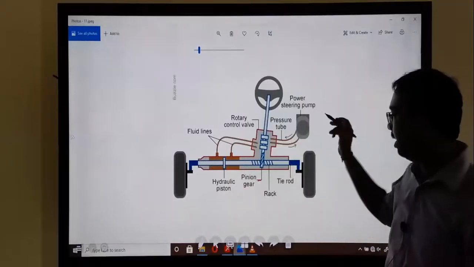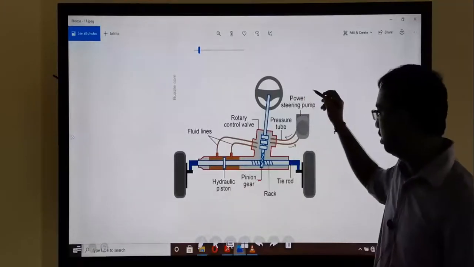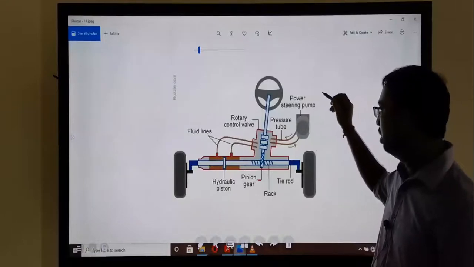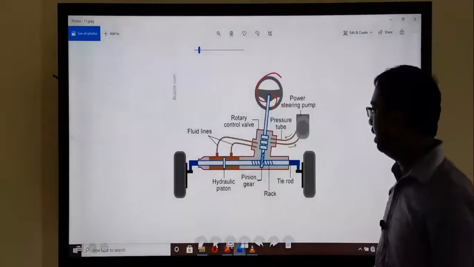So when you rotate the steering, what will happen?